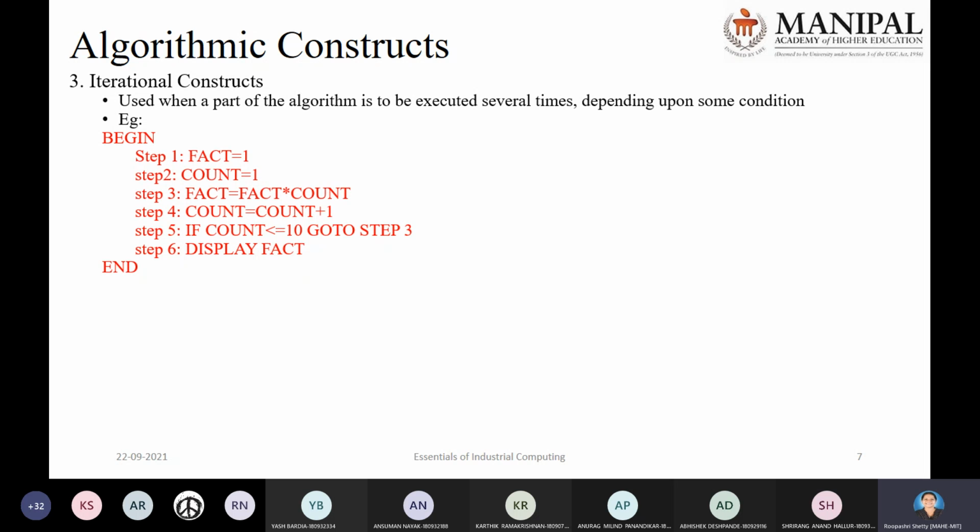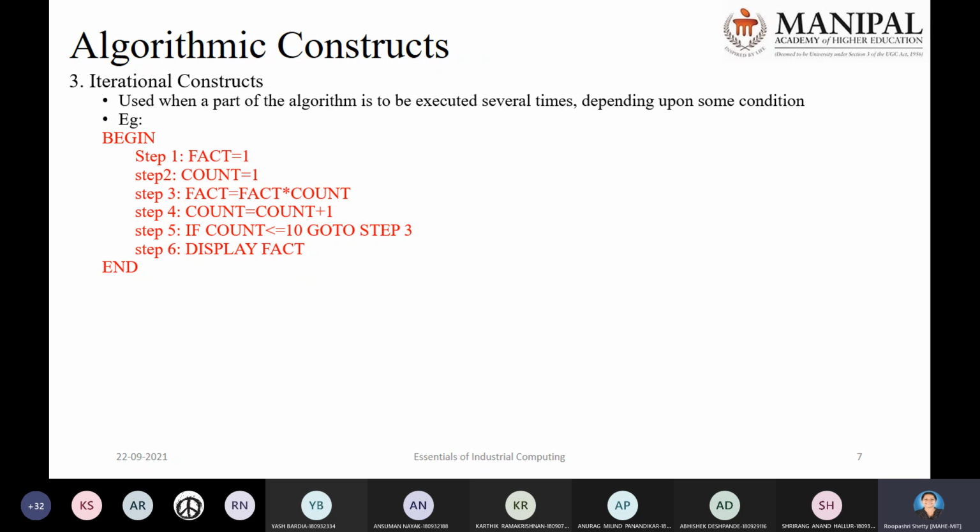So the condition acts as a control to decide how many times this part of the algorithm, the fact and count computation, will be executed. While writing the iterational construct, the algorithm designer should be very clear about the control condition to stop the execution.